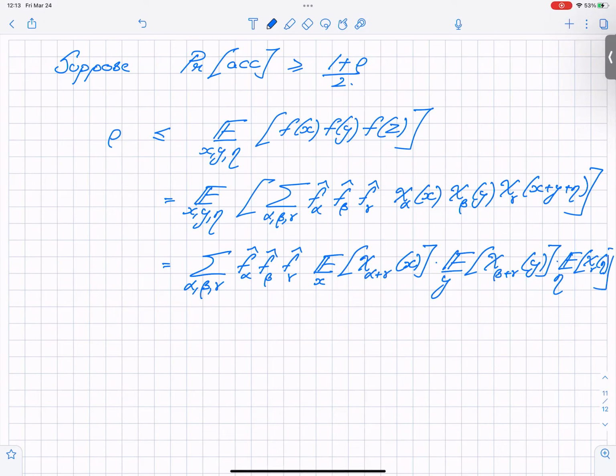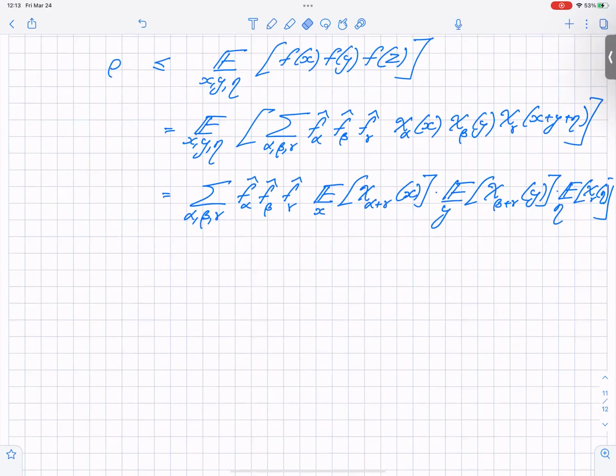Now, because x, y, eta were independent, I could break this expectation into three parts. The expectation of chi of alpha plus gamma of x is 0 unless alpha equals gamma. Similarly, the expectation over y of chi of beta plus gamma is 0 unless beta equals gamma. Therefore, alpha, beta, gamma should all be the same.